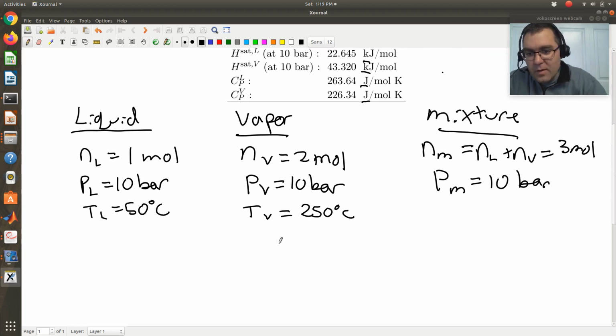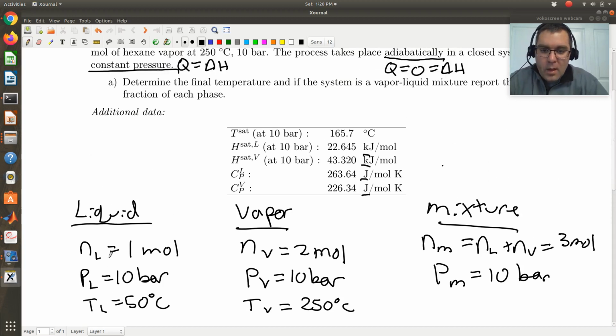All right, so now if I want to calculate the molar enthalpy of my liquid, I have a liquid, right?